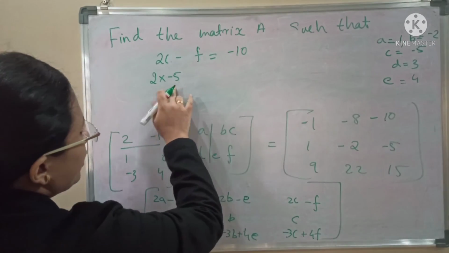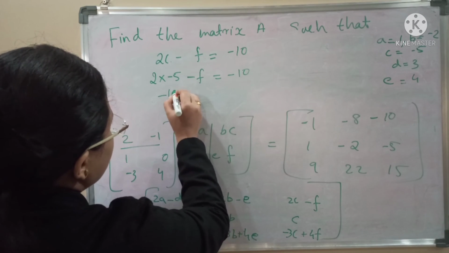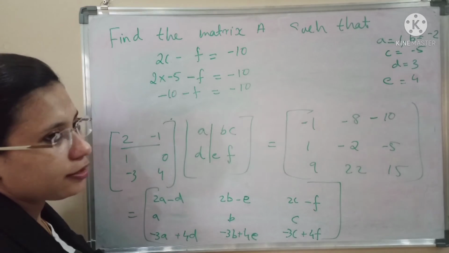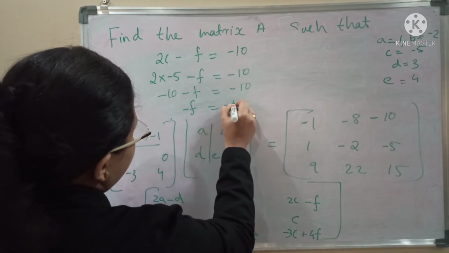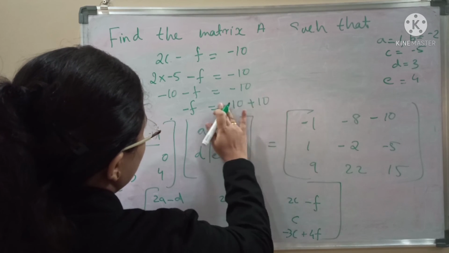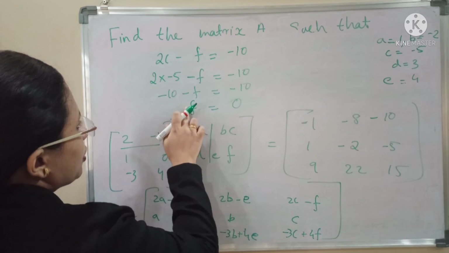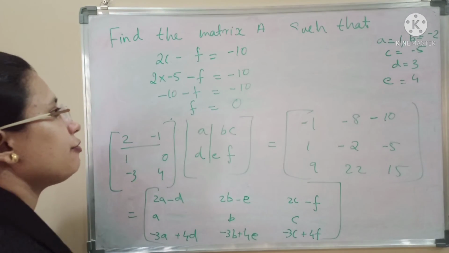C value is minus 5, so 2 into minus 5 minus F equals minus 10. Minus 10 minus F equals minus 10. When it moves to the other side, it will be minus 10 plus 10, so this will be 0. And we can cancel negative because minus 0 and 0 are same. So F value is 0.